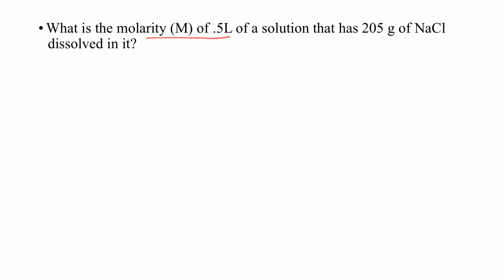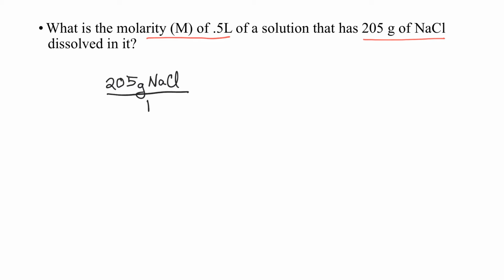However, our volume of the solution is 0.5 liters. And they're starting out giving us grams of NaCl, right? So we're going to, again, start with what we're given and put it over 1. And so 205 grams of NaCl, right, over 1.